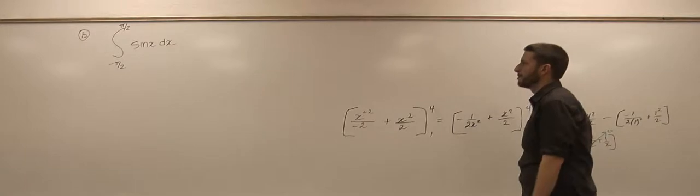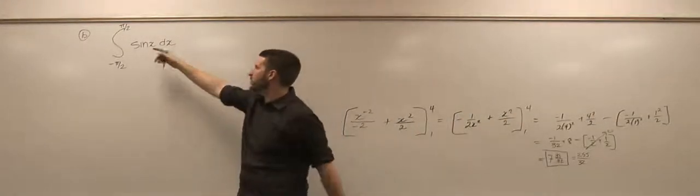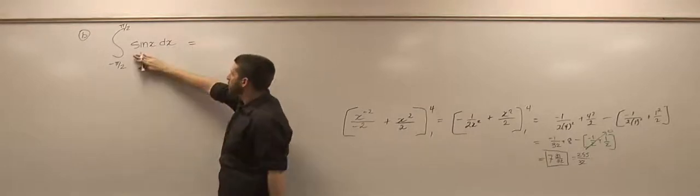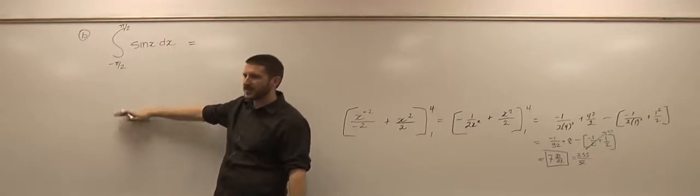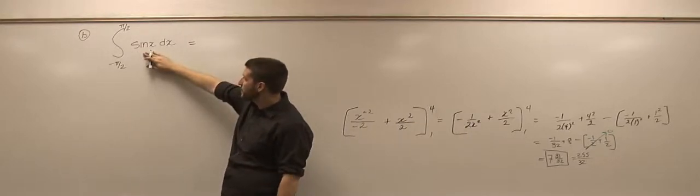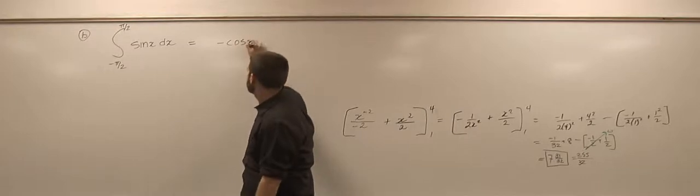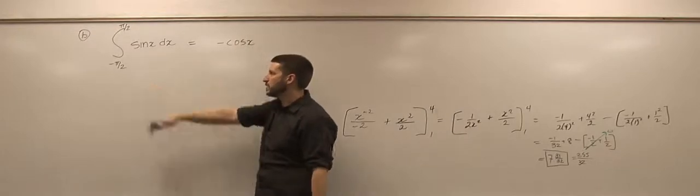So you have to find an antiderivative first. We know that the derivative of cosine is negative sine, so the integral of sine is going to be negative cosine. You have to make up for that negative that you get when you do the derivative.